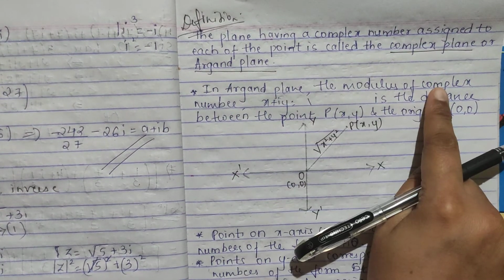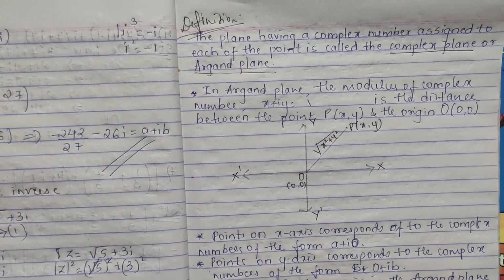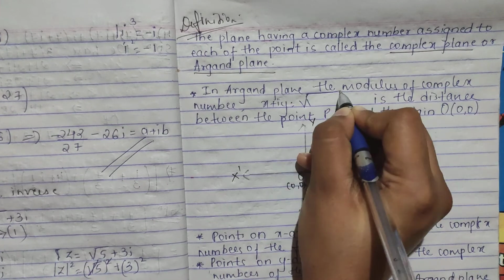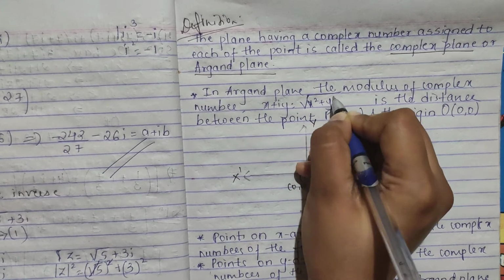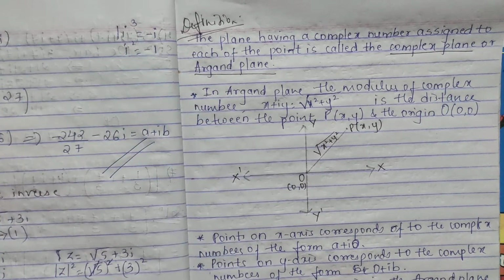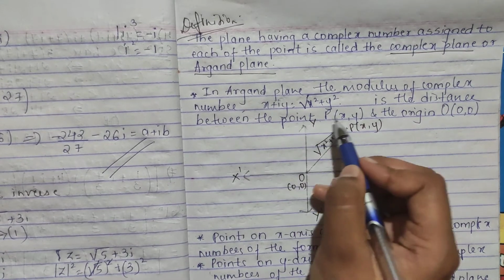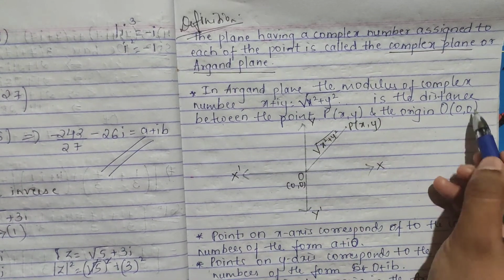In the Argand plane, the modulus of a complex number is given as root of x square plus y square. Mod z is root of x square plus y square. This is the distance between the point P(x, y) and the origin.